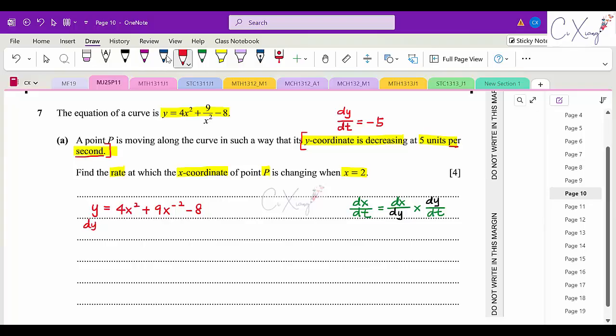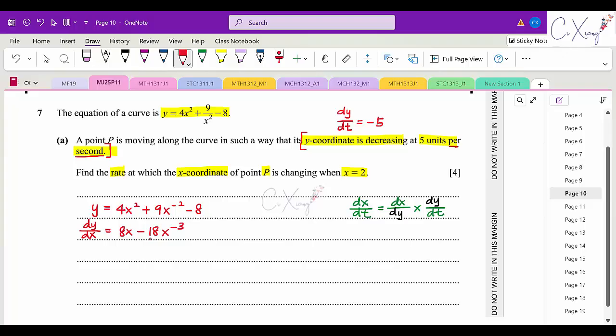So let's find out dy/dx first. 8x minus 18, the power you put in front, multiply with the 9, you get negative 18. Then power minus 1 becomes negative 3. Then differentiate negative 8, a constant, you'll get 0. So basically this is what you have for my dy/dx here.